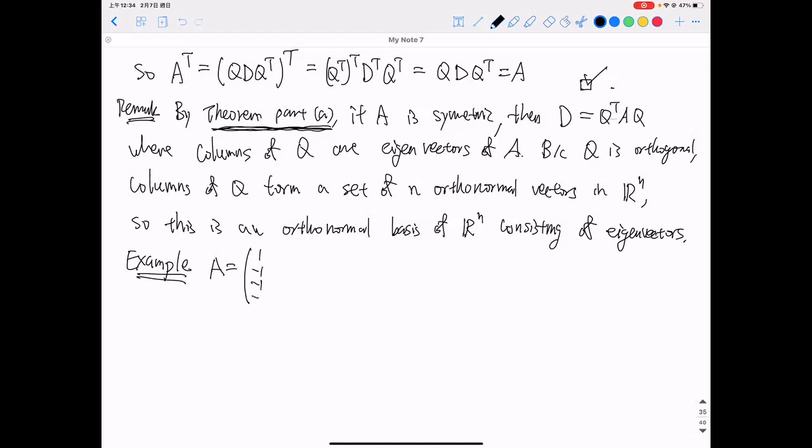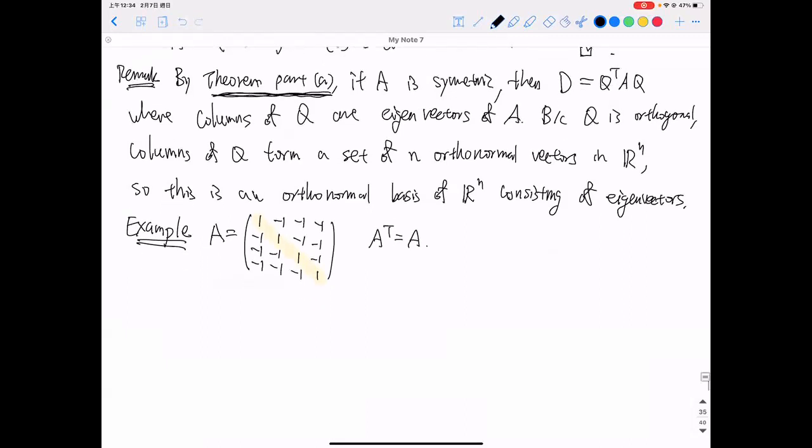There's a lot of minus ones, but you can see certainly that A is symmetric. Okay, so according to the general discussion we just made, it's supposed to be diagonalizable, and we are supposed to be able to find an orthonormal basis of R4 consisting of eigenvectors of A. Let's try to do that.